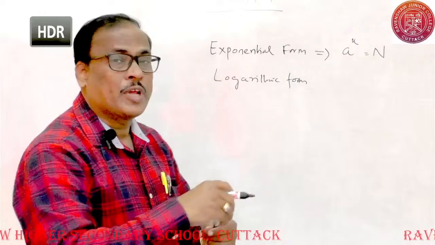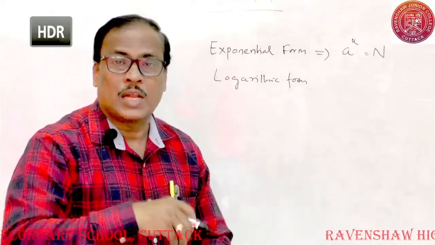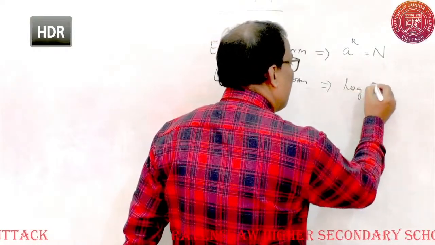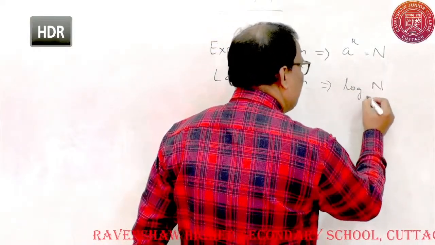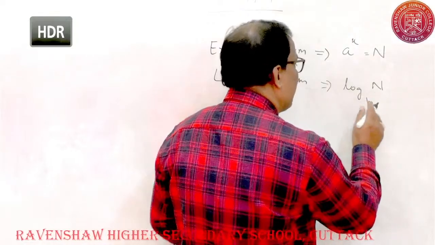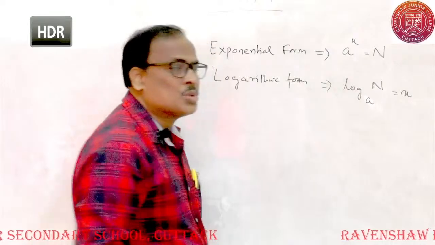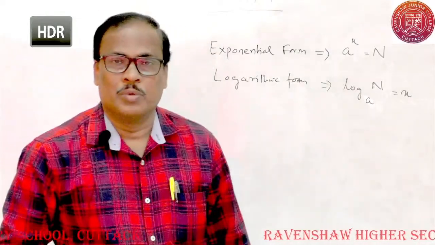And if it is to be converted into logarithmic form, we write log n to the base a is equal to x. So this is the logarithmic form.